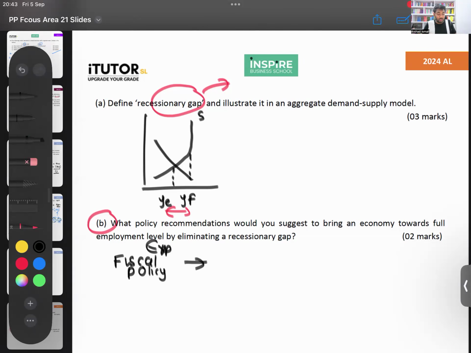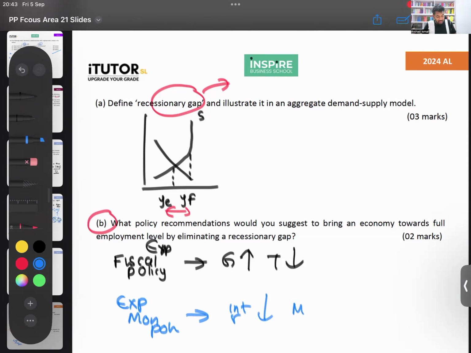So what should you do to government spending? Increase government spending or reduce tax. You can also talk about monetary policy. If you want to go towards full employment, you can have an expansionary monetary policy. In an expansionary monetary policy, what should you do for interest rates? Interest rates have to come down. Money supply you have to increase. You can give those as answers.